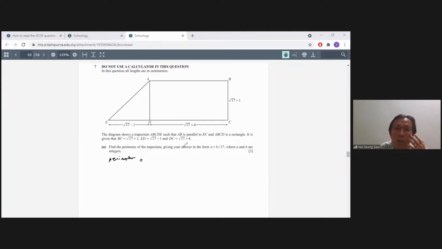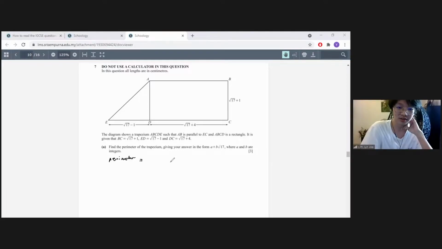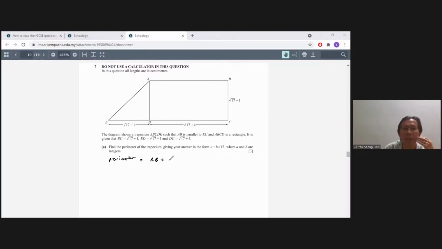Perimeter equals? EA, the entire thing on the outside line. EA plus AB plus BC plus CD plus DE, okay, AB, BC, CE plus EA.